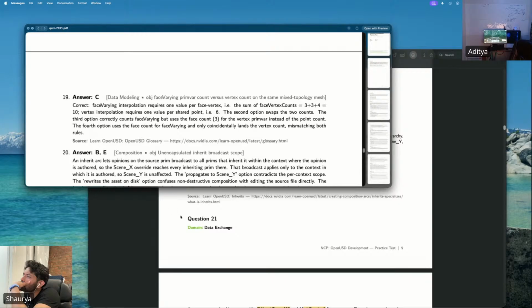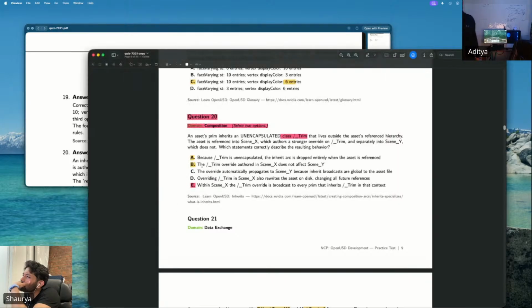You are saying A should be correct, but why is it saying no? Because the trim override authored in scene X does not affect. Within scene X, the slash trim override is broadcast to every prim that inherits.